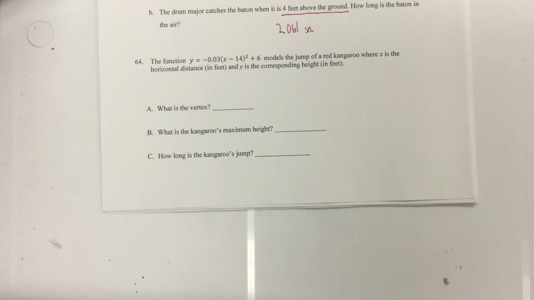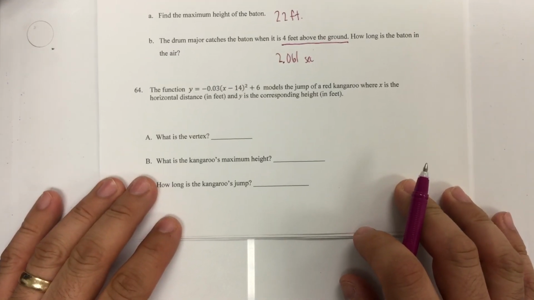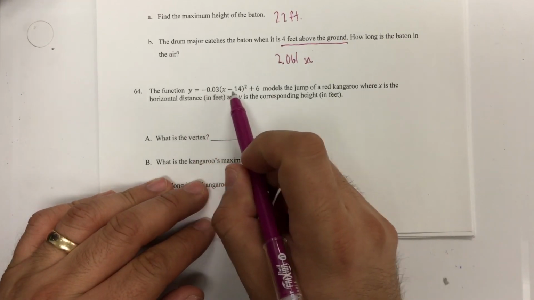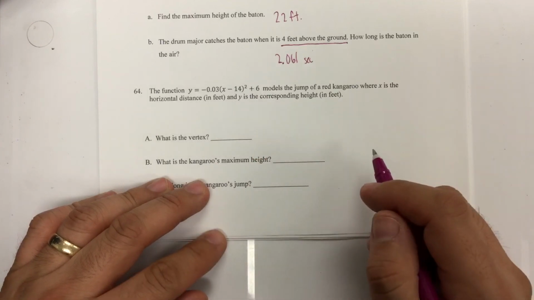All right, so let me go ahead and do this one here, because this is vertex form. So y equals negative 0.03 times x minus 14 squared plus 6, okay?